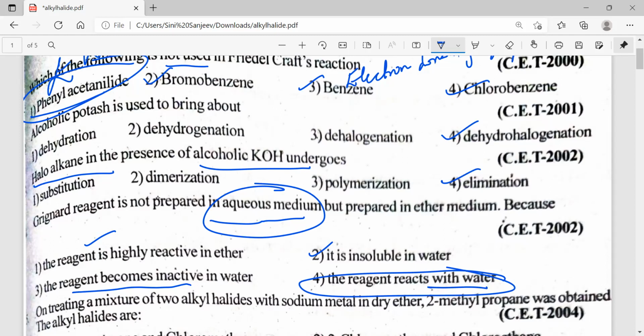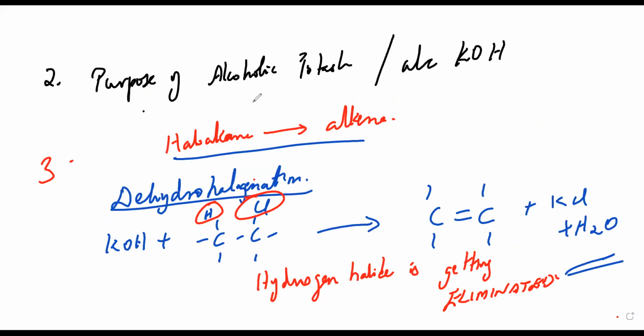If the reagent becomes inactive, that is option number 3, that is not at all a question. It's not prepared in aqueous medium because the reagent reacts with water. So let me write the equation for this, then I think it will be clear. The fourth question.